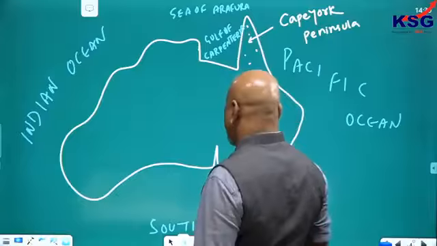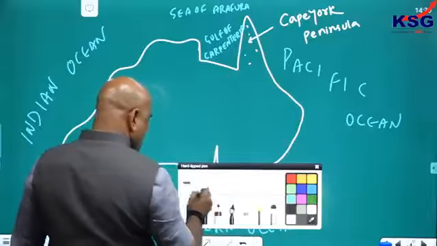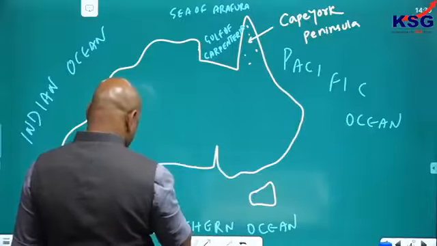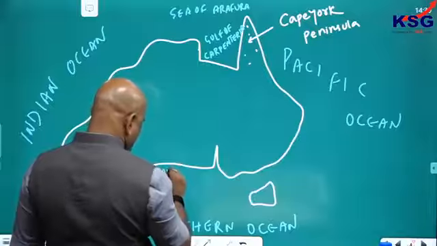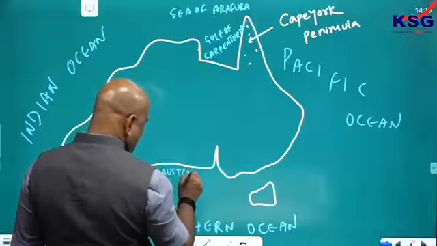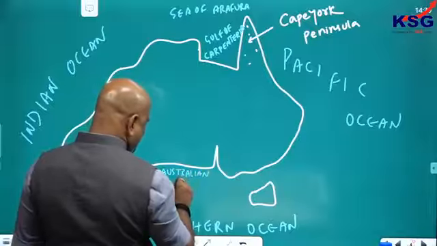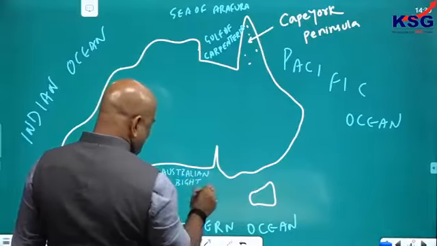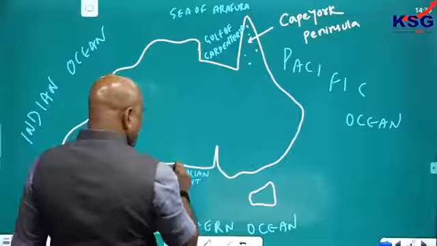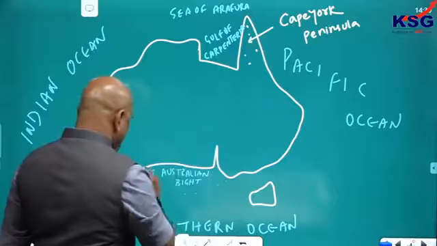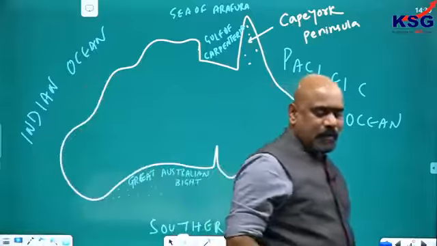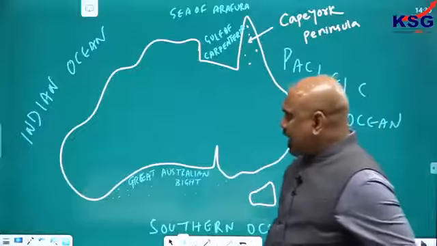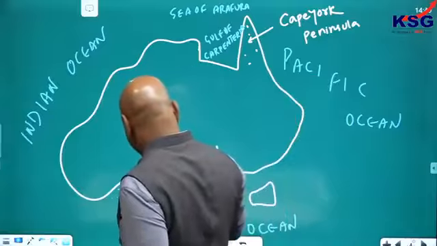गल्फ ऑफ कार्पेंटेरिया. और ये रीजन को बोलते हैं ग्रेट ऑस्ट्रेलियन बाइट. आप बोलेंगे सर ये बाइट क्या है?